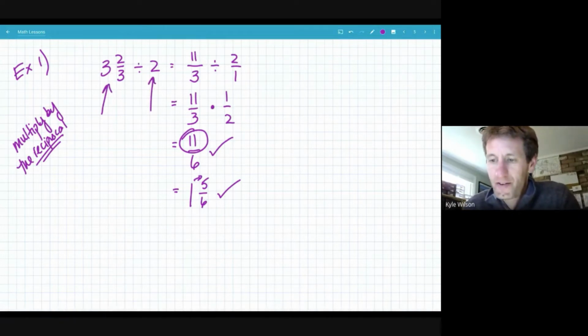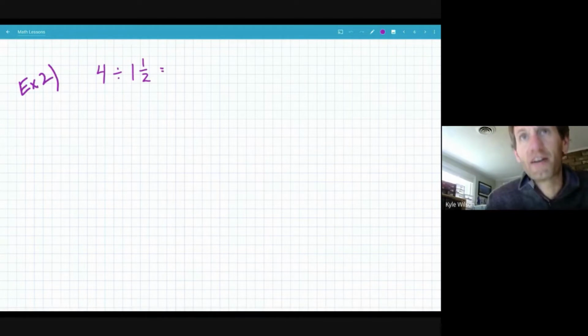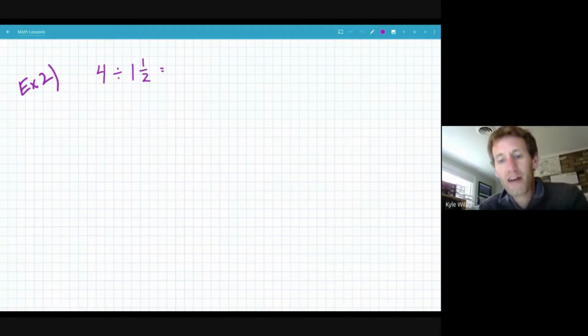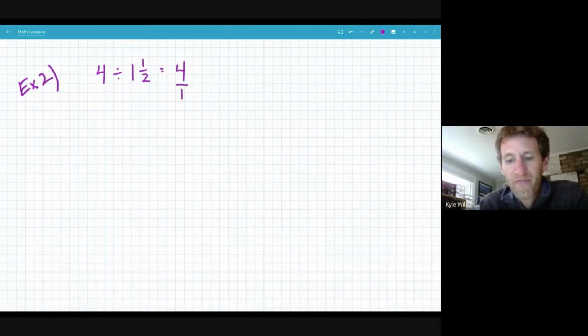On to the second example. Now we have changed the order of these, where now my dividend is 4 and my divisor is 1.5. But again, I still have to convert before I compute anything. So I'm going to rewrite 4, I'll call it 4 over 1, and then I'm going to divide 1.5.